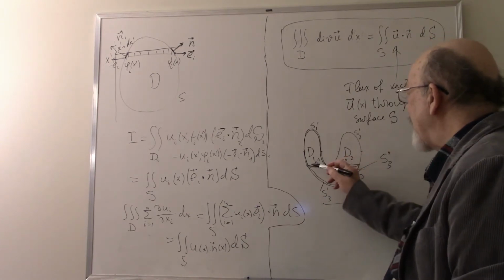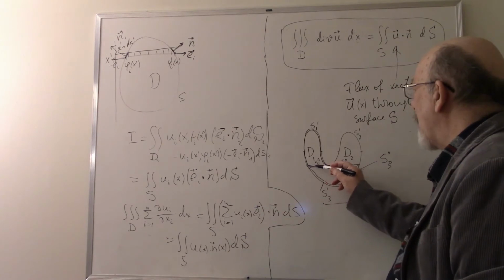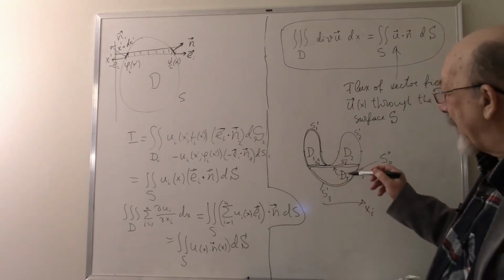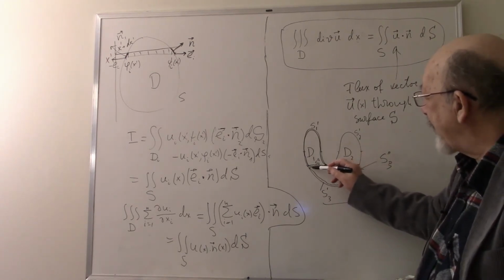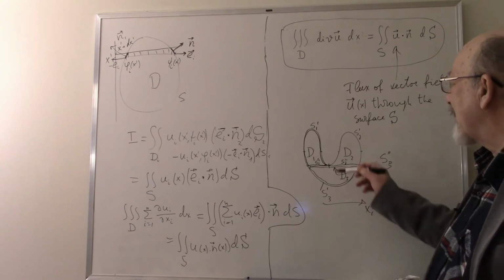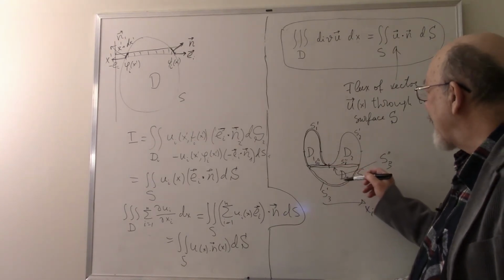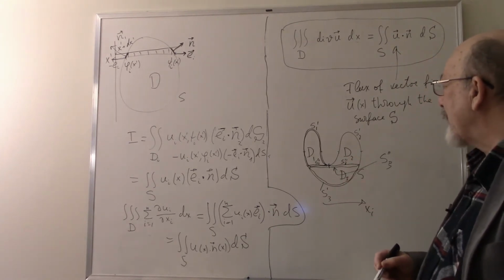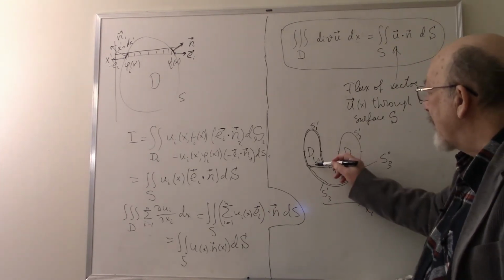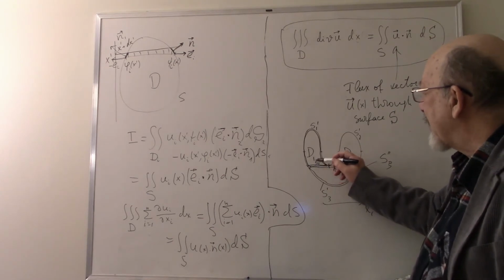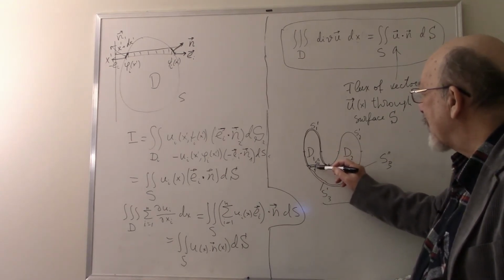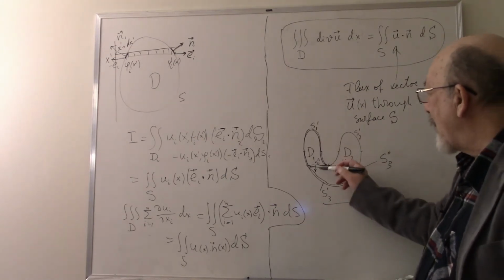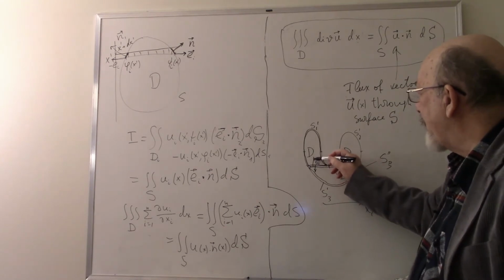Now you can see that the flux through S1 double prime is exactly opposite to the flux through this piece of S3 prime, because the unit normal vector is the external vector: from this domain it looks outside, and from the other domain it looks in the opposite direction.